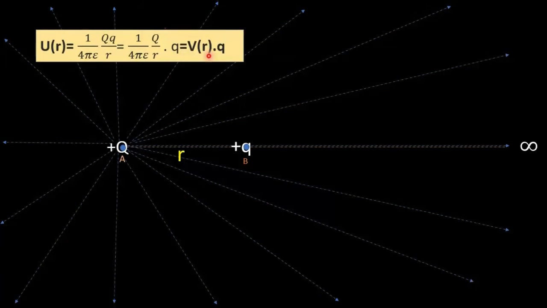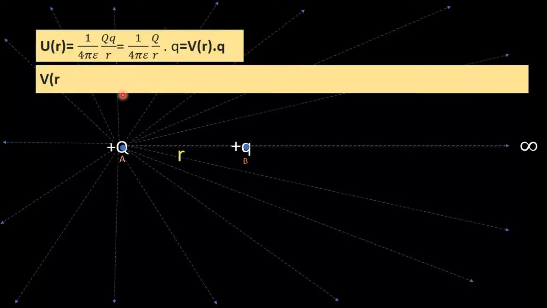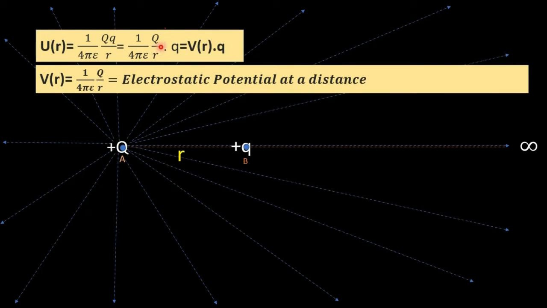So this term capital V(R), which is equal to 1 by 4 pi epsilon, capital Q by small r, is defined as the electrostatic potential at the position B, which is at a distance small r from the source charge.